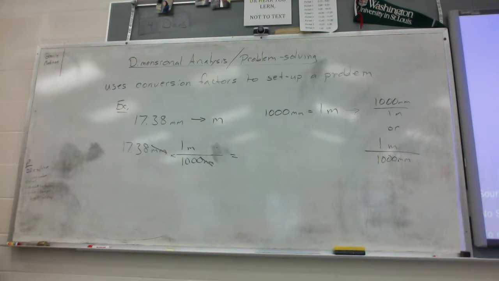What math would we do on our calculators? What would we do to find the answer? Isn't the 1,000 in the denominator? Would we then not divide? Okay, so 17.38 divided by 1,000.